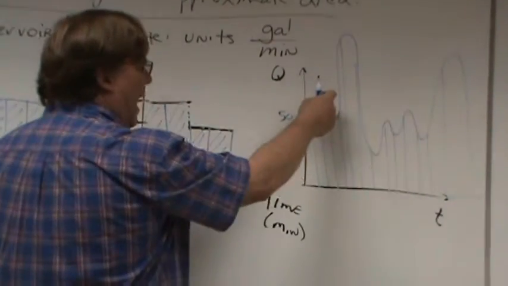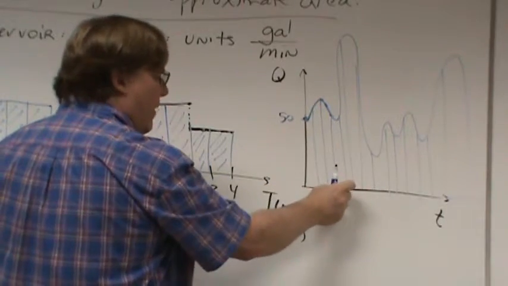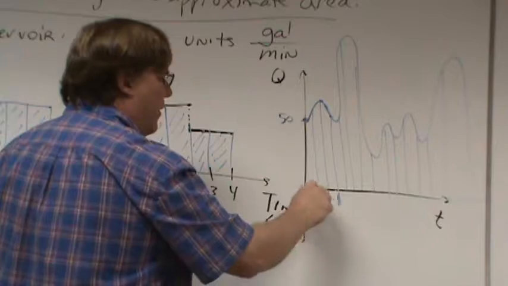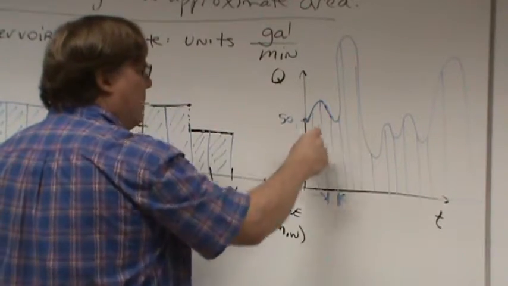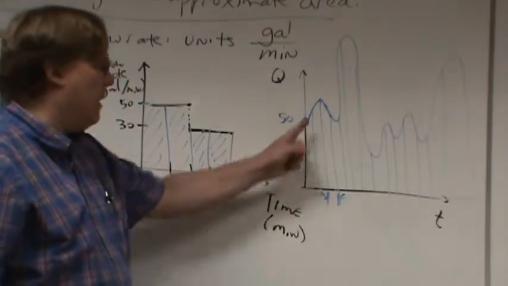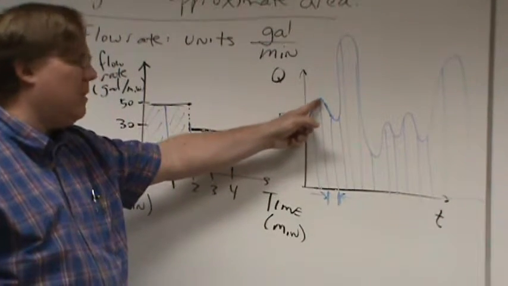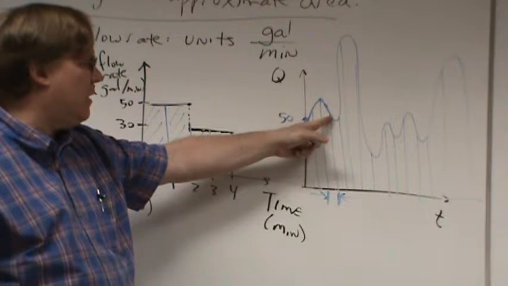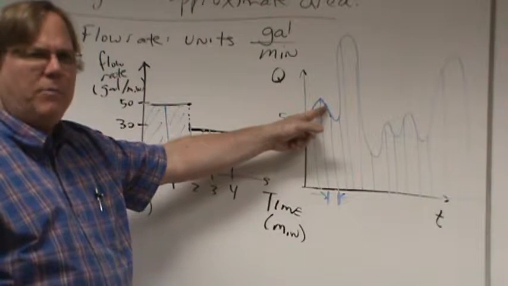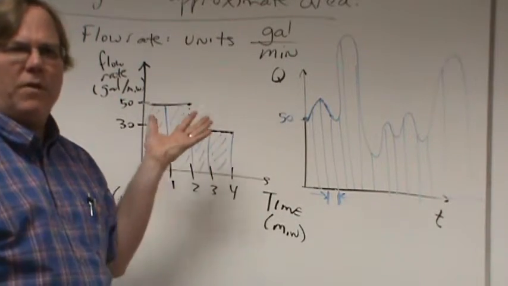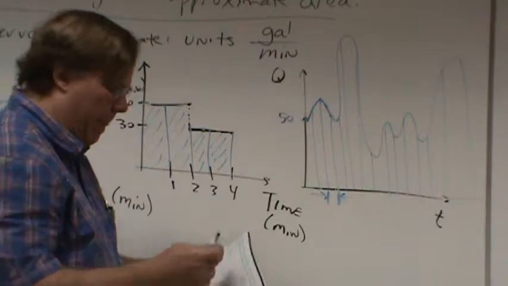I know I can get this width, but what's the height? The height is either going to be the y-coordinate of the leftmost point of every partition, the y-coordinate of the rightmost point of every partition, or the y-coordinate of the midpoint of every partition. Those are your three choices for the height of your rectangles.